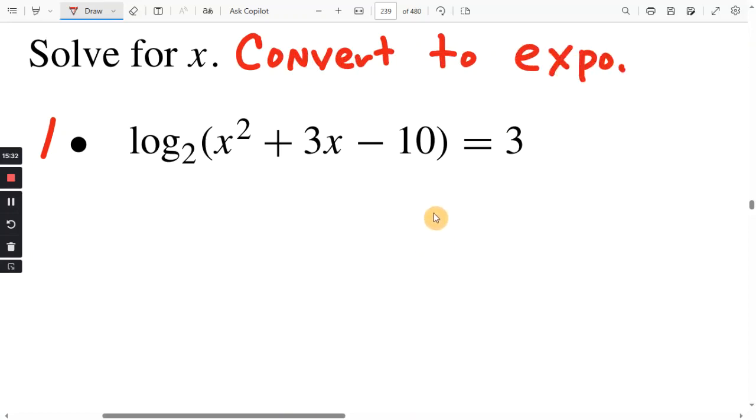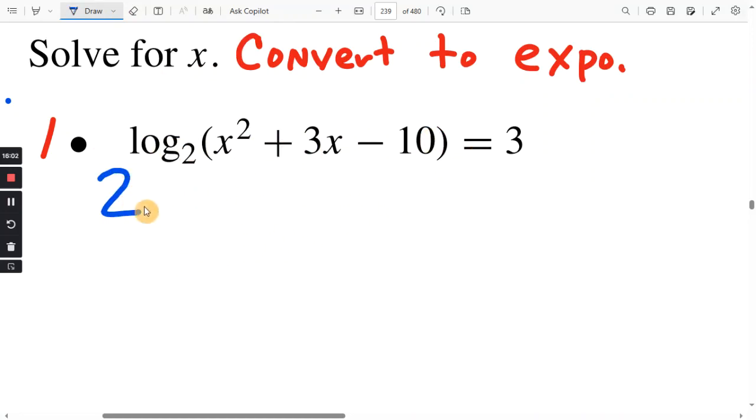I sometimes forget how to convert, so I like to use the cancellation property. If you remember how to convert logs to exponential, that's fine, but I like to use the cancellation property. Here we have base 2, so I am going to make this whole thing the exponent on the number 2.